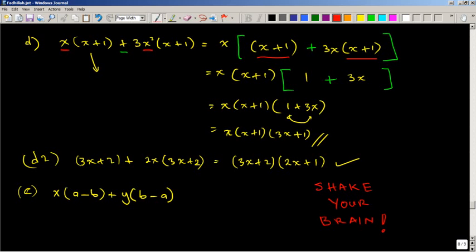Dia sebenarnya quite similar to D. Tapi dia telah ditonggang terbalikkan. Okay. Actually it's quite similar. If you see how dia tonggang terbalikkan, then you are good to answer this question. Plus sign tu bila nak transfer ke other side kena change minus.